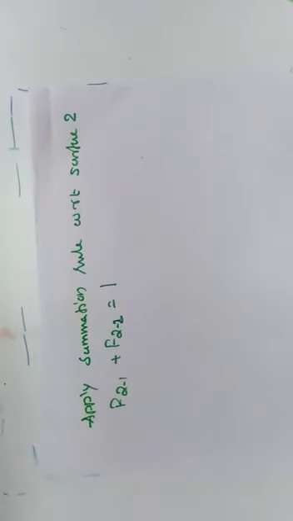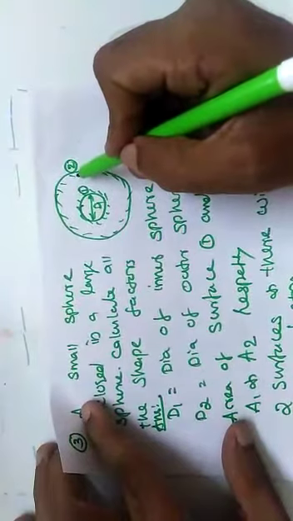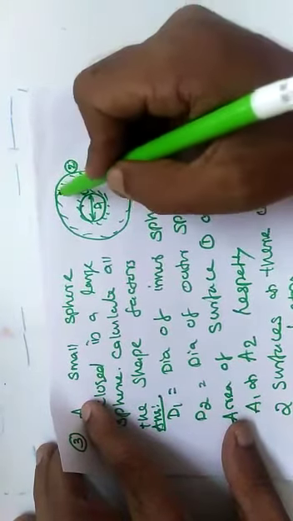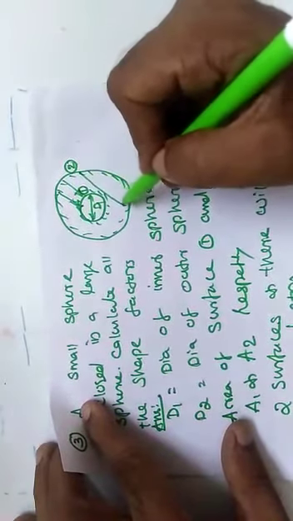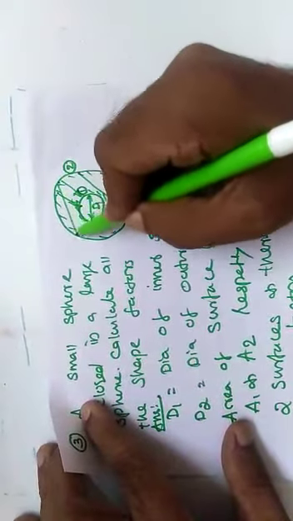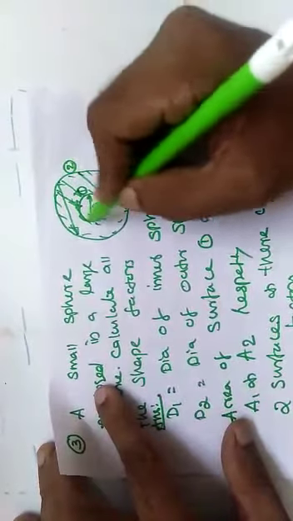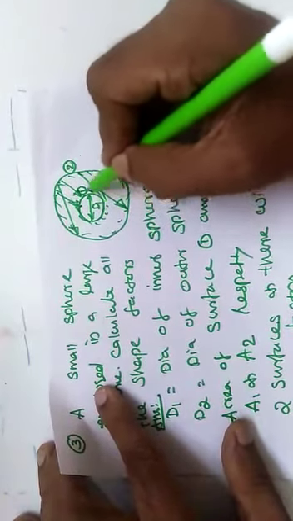Now take the case of F21, that is the fraction of radiation that falls on surface 1. Some amount of radiation emitted by surface 2 will fall on surface 1, but some amount will fall on surface 2 itself. So the radiation emitted by surface 2 is not completely intercepted by surface 1.